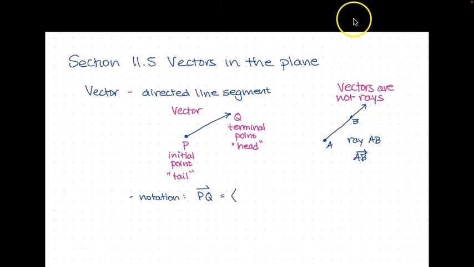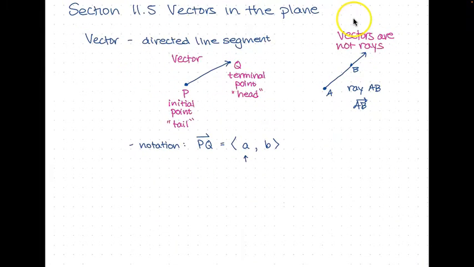There's a horizontal component and then a vertical component. I'll describe more when we get into drawing some pictures. So the first component, just like x and y, x is your horizontal. So the first component is always your horizontal component, and then we have the vertical component.